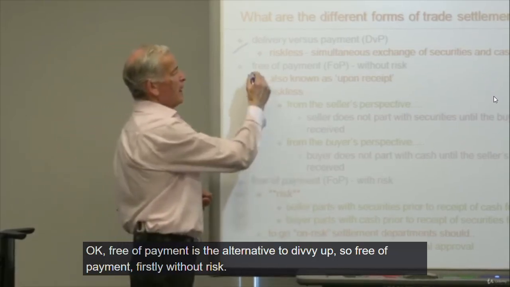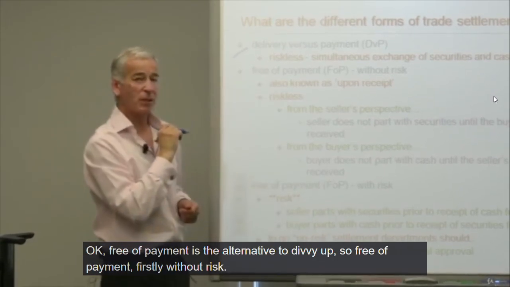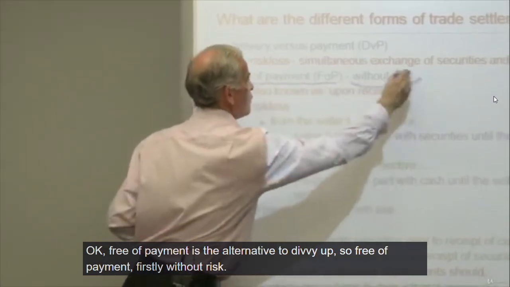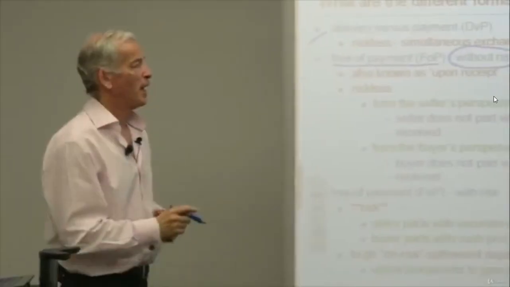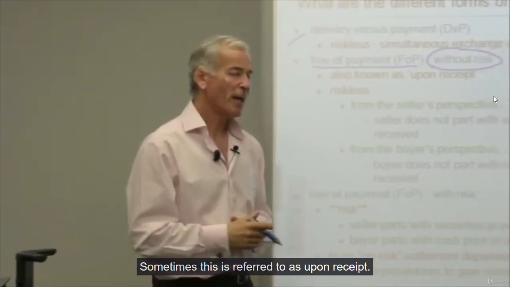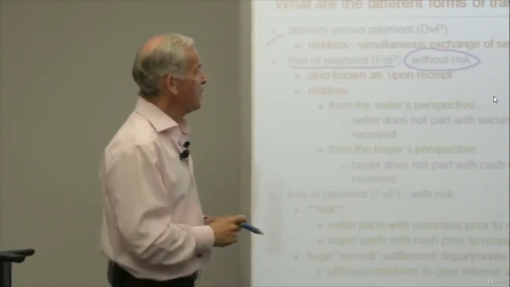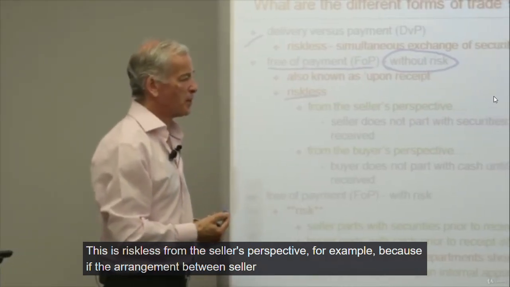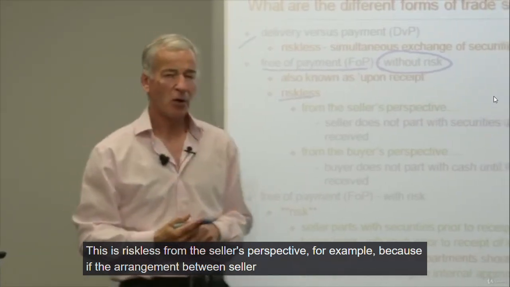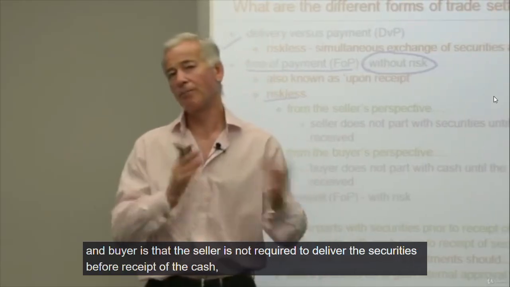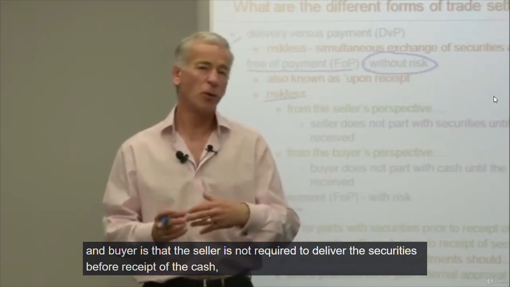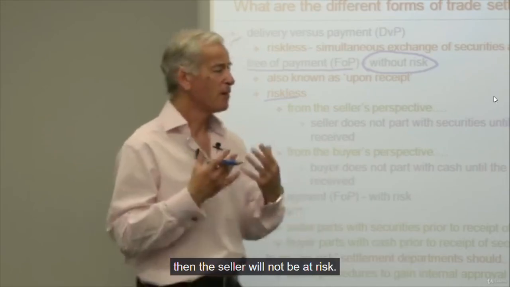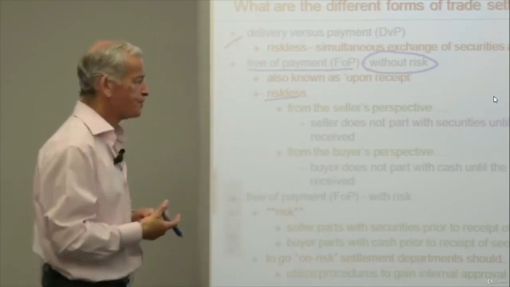Okay, free of payment is the alternative to DVP. So free of payment, firstly, without risk. Sometimes this is referred to as upon receipt. This is riskless from the seller's perspective, for example, because if the arrangement between seller and buyer is that the seller is not required to deliver the securities before receipt of the cash, then the seller will not be at risk.